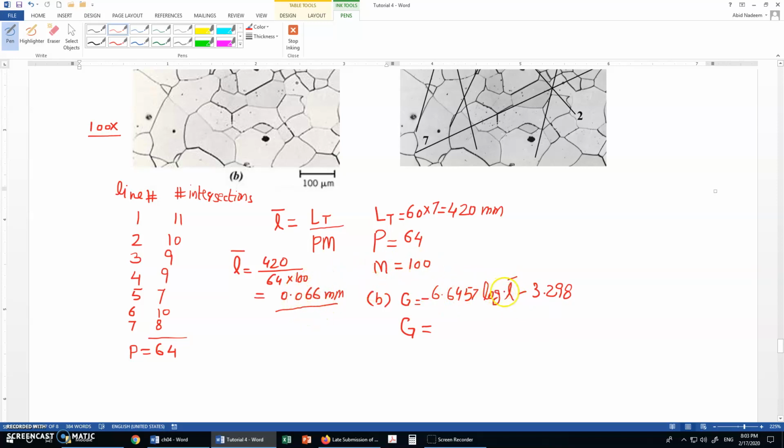You input this value and calculate using the log, which is the log of base 10, not any other log. The value of G will be 4.55. So this will be the ASTM grain size number for this question.